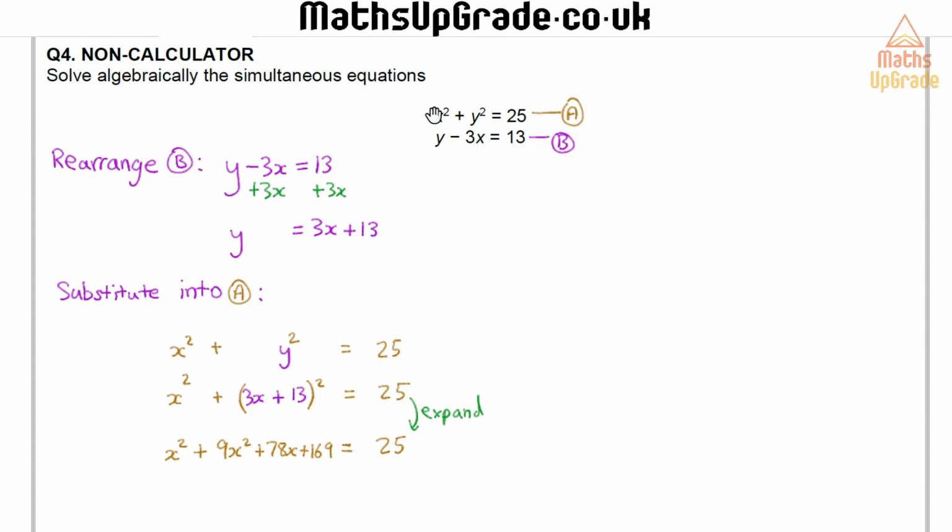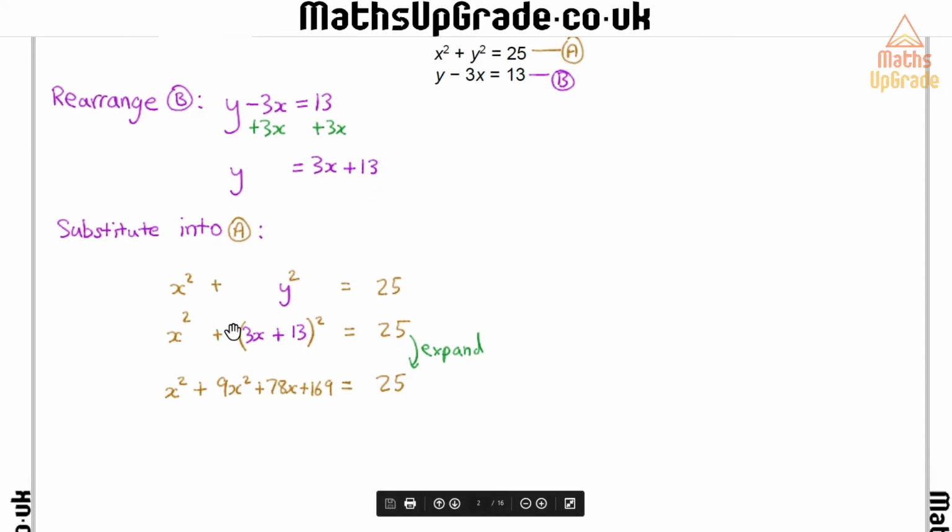Now, into the top equation here, which I've labelled A, I'm going to substitute this equation here. That gives me x squared plus y squared, which is now 3x plus 13 all squared, so I'm putting in brackets, equals 25. When I expand the brackets, I'll get this expression here, x squared plus 9x squared plus 78x plus 169 equals 25.